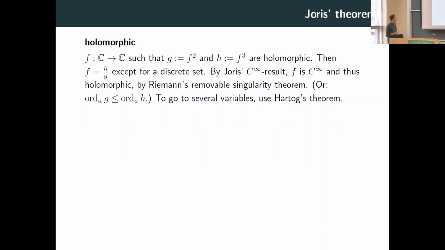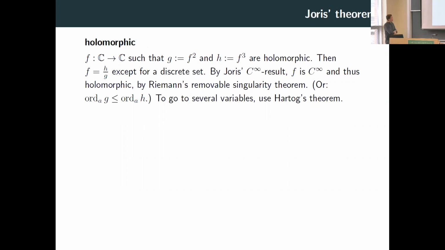be a holomorphic function except on a discrete set, because the zeros of the function g have to be isolated. Now we already have Liouville's C infinity result, so we know that f is C infinity.